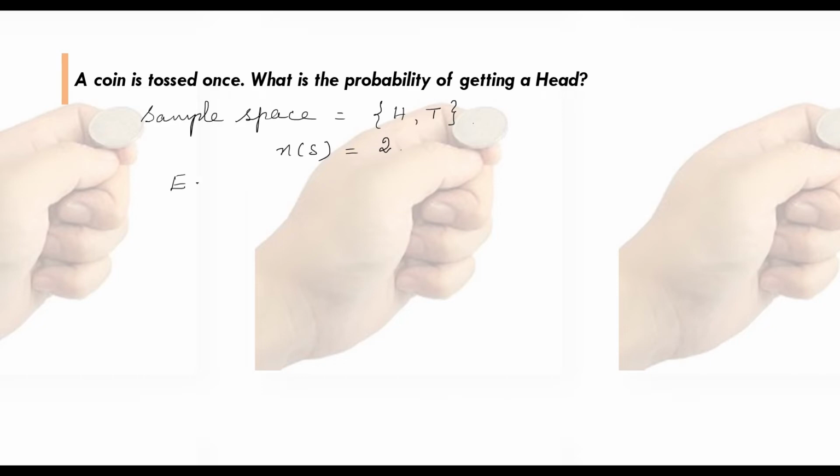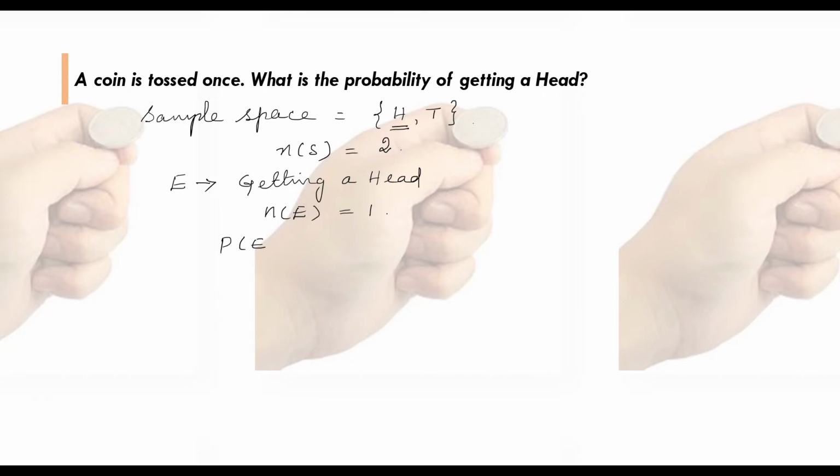The event to be considered is getting a head. So we have in the sample space one head. Therefore, n(E) is equal to 1.